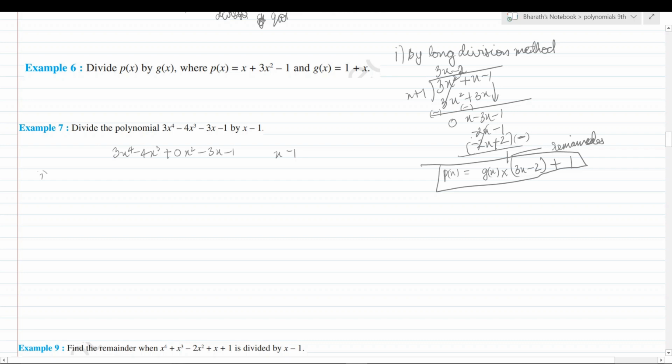There are two methods. One, long division method. So when you're dividing by the long division method, you have to just write down what is necessary. This whole thing you write down here: minus 4x cube plus 0 x square minus 3x minus 1, with minus 1.